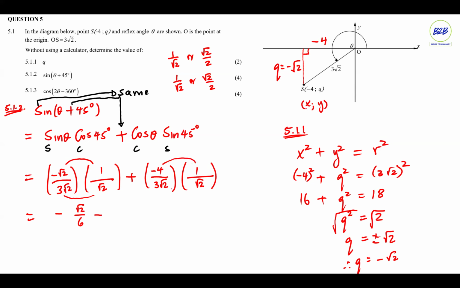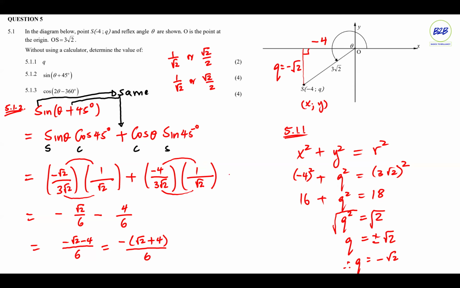So 4 times 1 becomes 4, and then multiply the denominators, you're supposed to get a 6. And from there, you will get yourself negative root 2 minus 4, all over 6. If you want to, you can even take out the negative as a common factor, and then you get that.